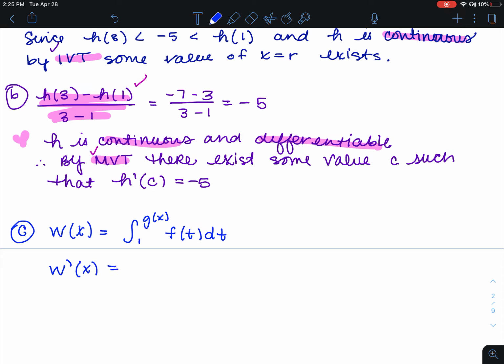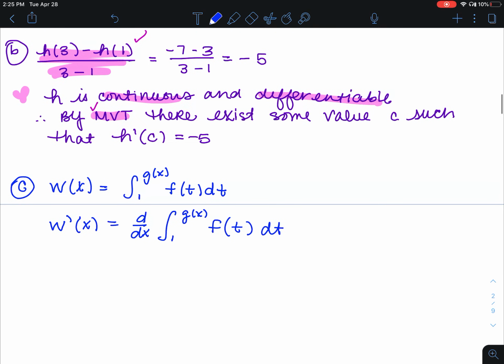So in finding that, we have to take the derivative with respect to x of this function on the right. Now, when you take this derivative, you have to really understand, and I think this is something we might see this year, that the derivative and the integral are opposite operations of each other. And so this is the Fundamental Theorem of Calculus 2, I believe, that we go back to the idea that this is a difference quotient, right?